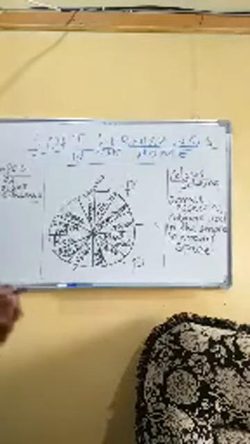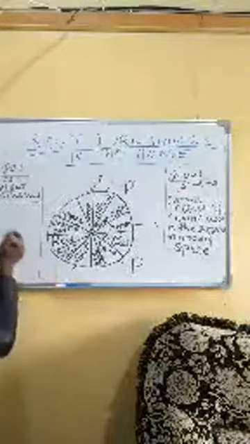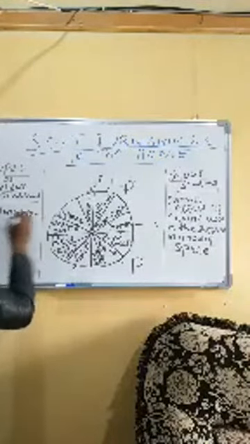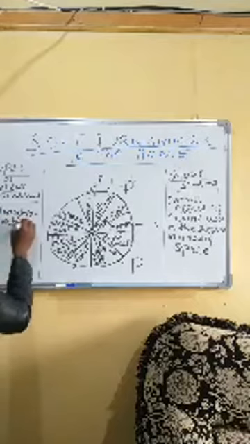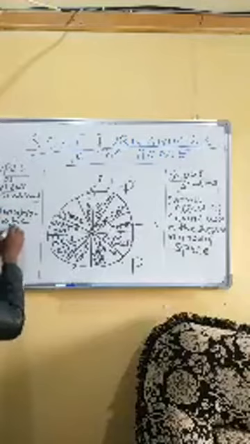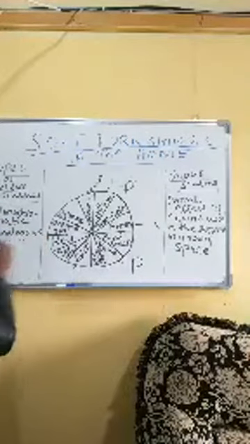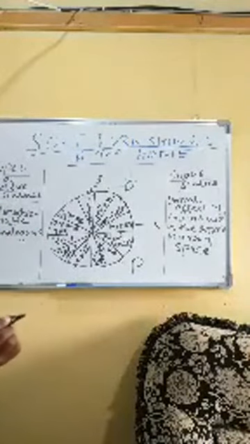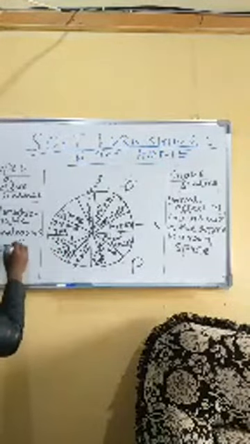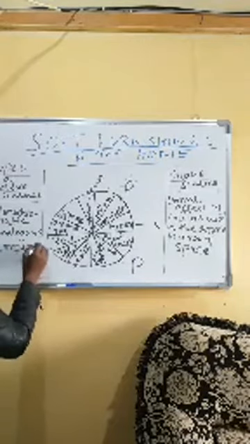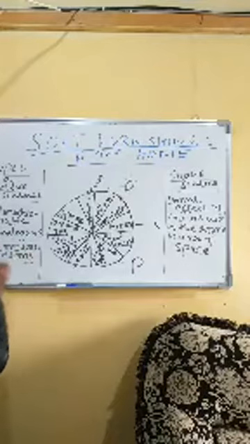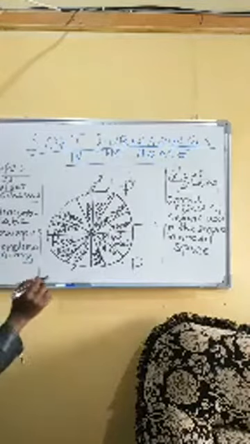The first type, we call it monochromatic. The second one, analogous. The third one, complementary color scheme. And the last one, the triad.